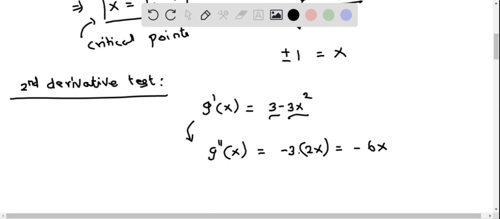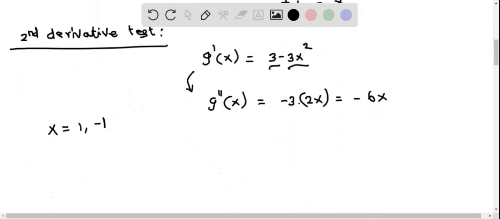Now let's consider the critical points, that is x equal to 1 or x equal to negative 1. We have to plug these critical points into the second derivative function. So let's do that. So I'm going to plug in g double prime of 1. That is, when x equals 1, this becomes negative 6 times 1. And so this is negative 6, and this is less than 0.